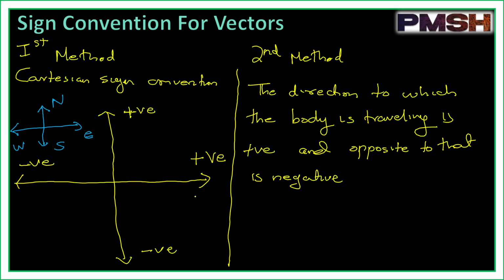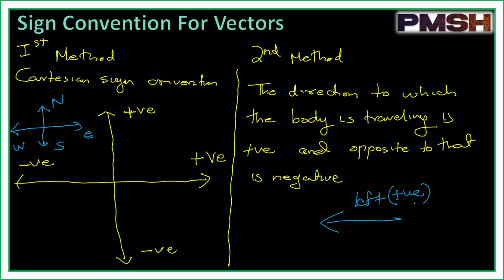Okay, simply, if I draw you a figure just to explain this, for some students it may not be clear, so I'll tell you that. Suppose a body is moving to the left, then you take the left direction as positive because it is the direction in which it is moving.